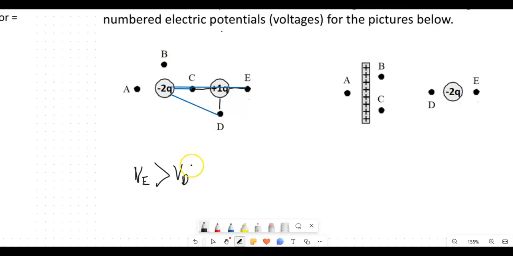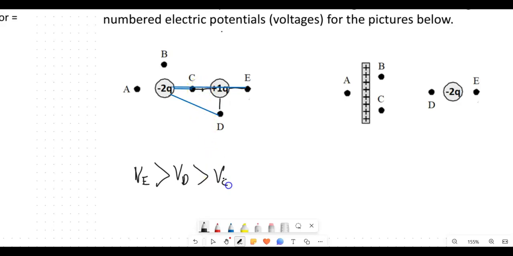And then the voltage here at C is probably going to be closer to 0, right? So the voltage at D is going to be greater than 0, but the voltage at C is going to be probably closest to 0. In fact, right here is where it's going to be around 0.